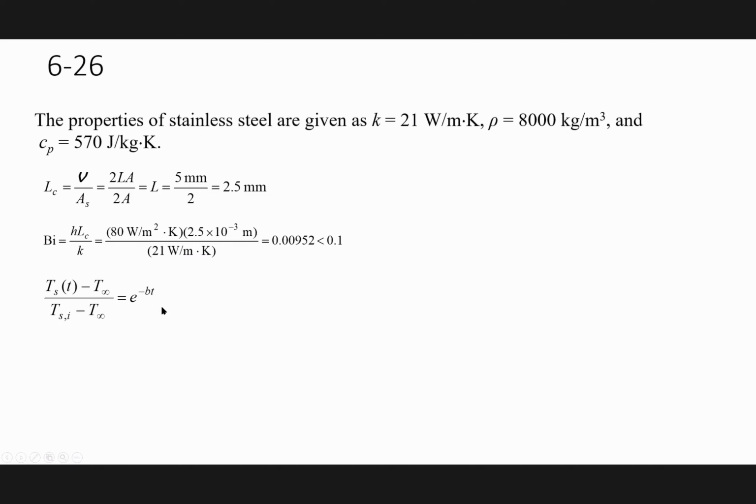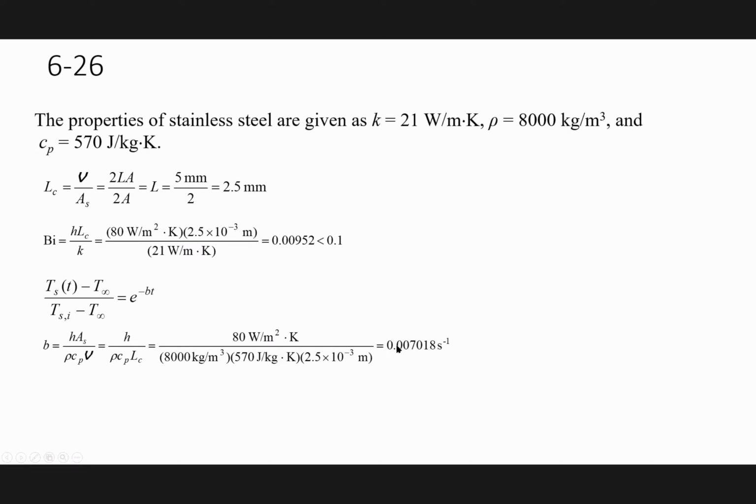And B is only a characteristic parameter, hA divided by the mass times the specific heat. Since we have all the information, we know the convective heat transfer, the density of the plate, the specific heat, and also the characteristic length, we can calculate the volume over area here.